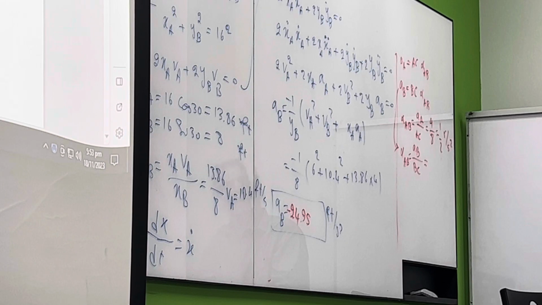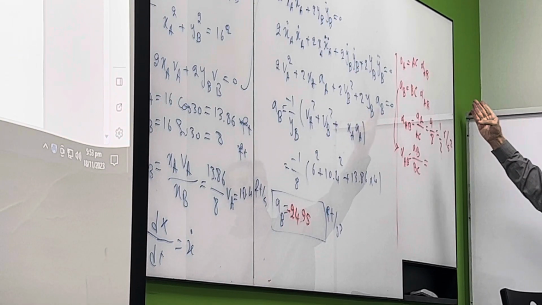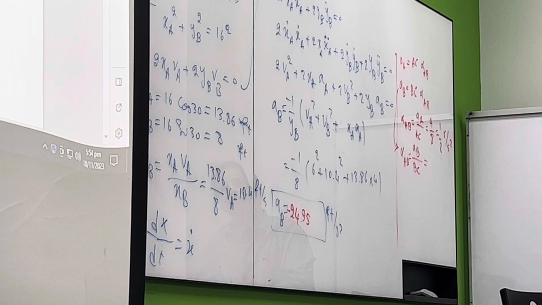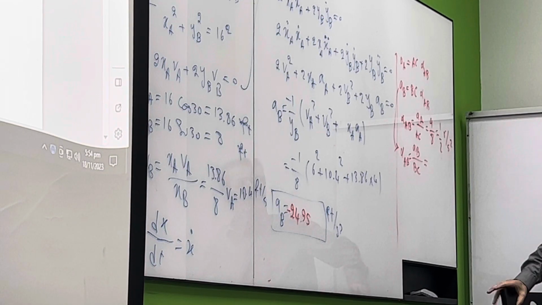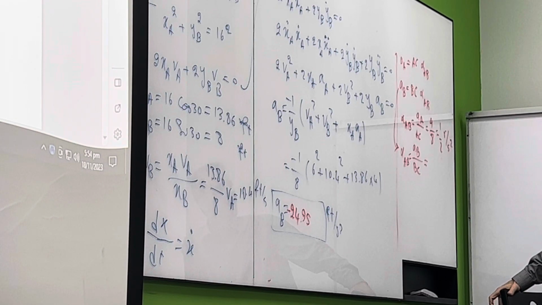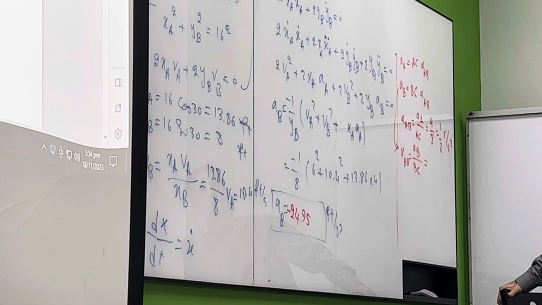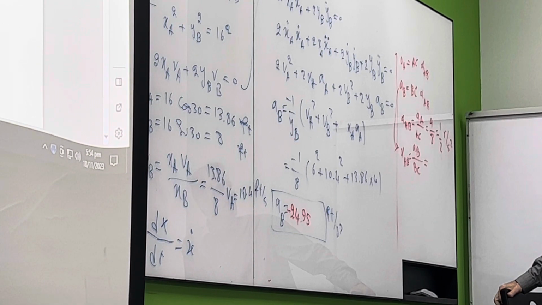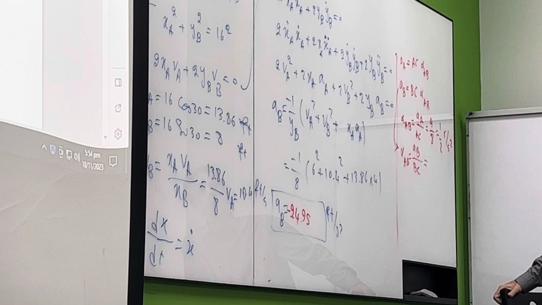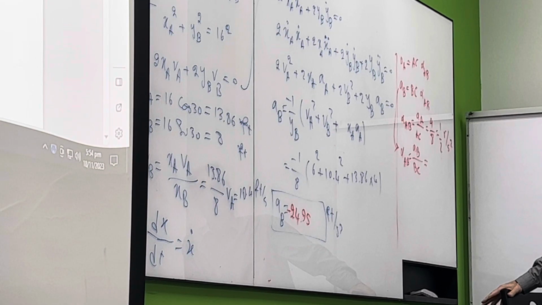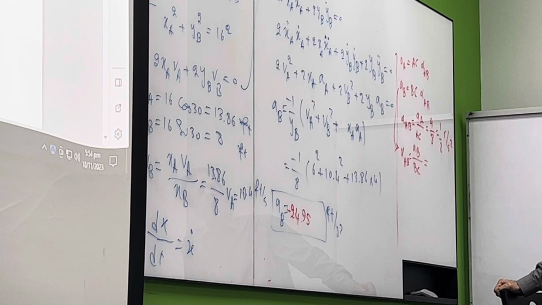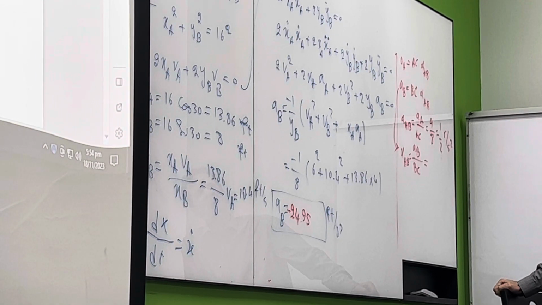So it is R alpha, AC times alpha. AB is also 4.93.